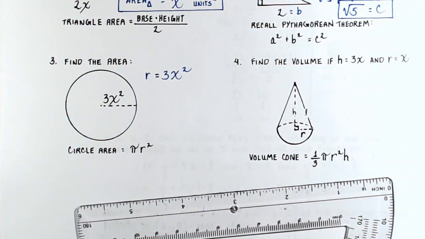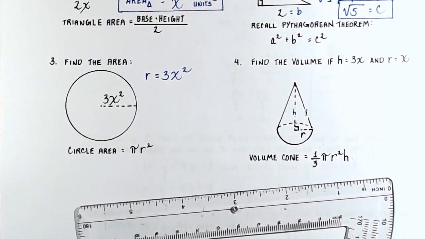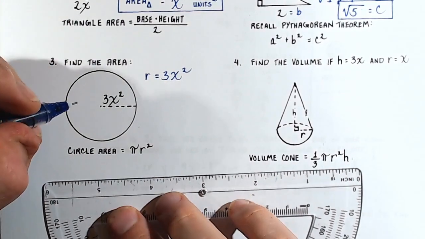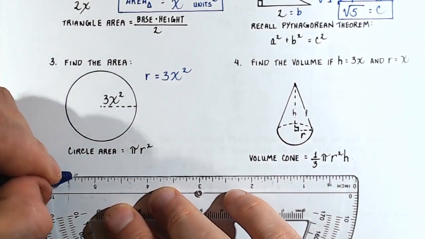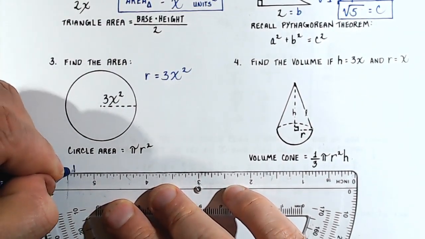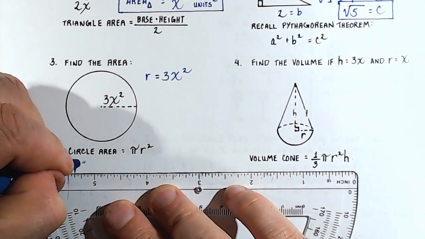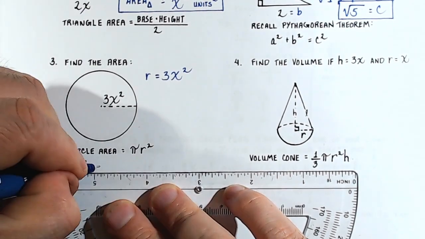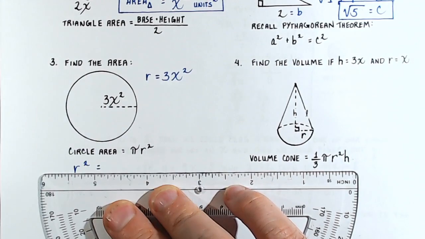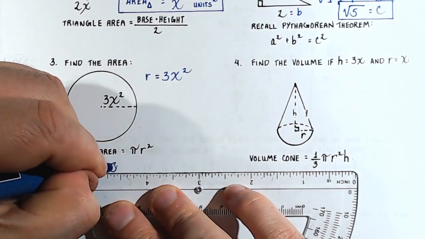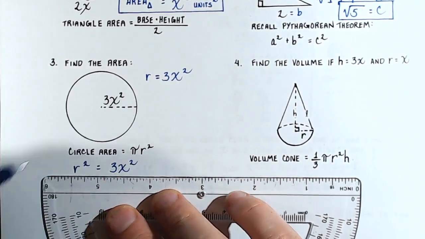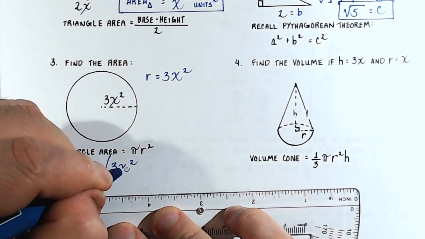So what I need is to square r. Down here I'll do this work. r squared is equal to 3x squared, squared.